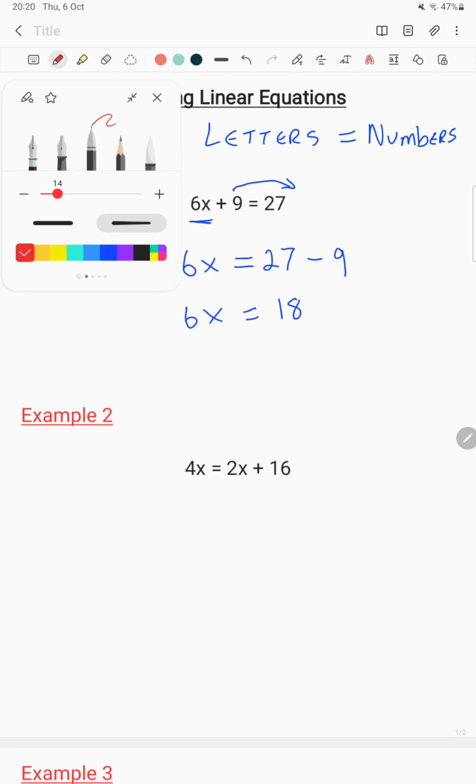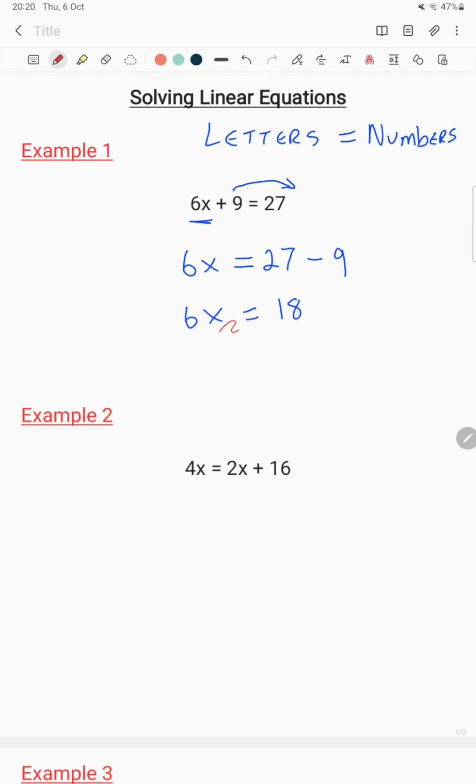And then to get x on its own, we divide both sides by the number in front of the x. So we're going to divide this side by 6 and this side by 6. 6 divided by 6 leaves me with just 1x, and that's equal to 18 divided by 6, which is 3.